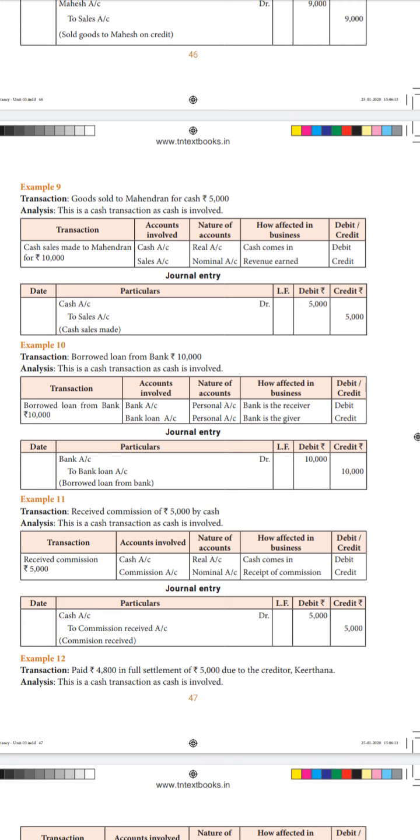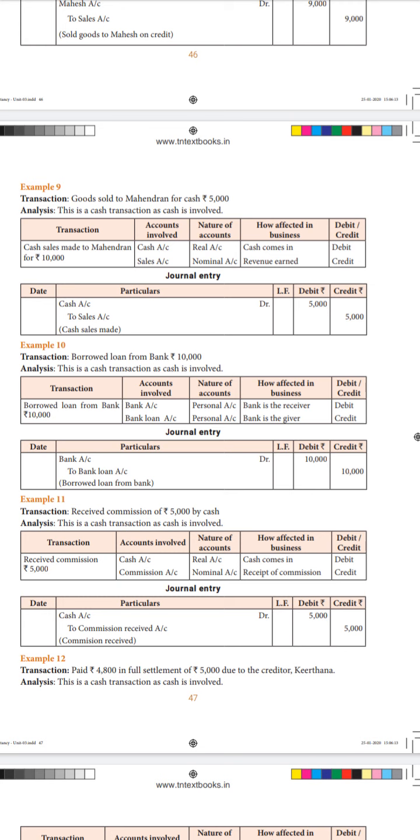Likewise, the sales account will always be on the credit side, since this is where we are receiving income, so automatically it is to be credited. So always purchase account will be debited, sales account will be credited.